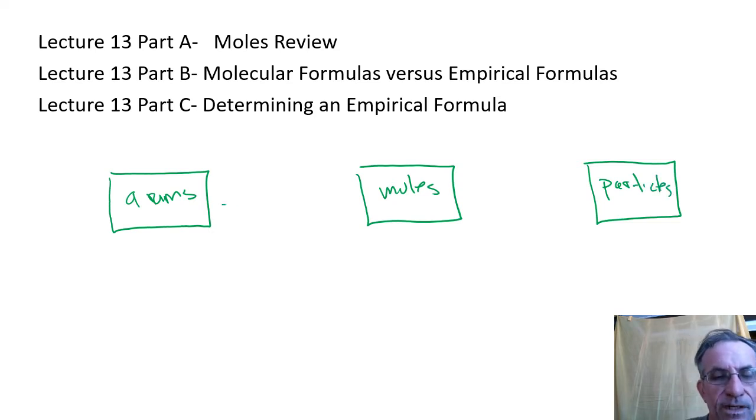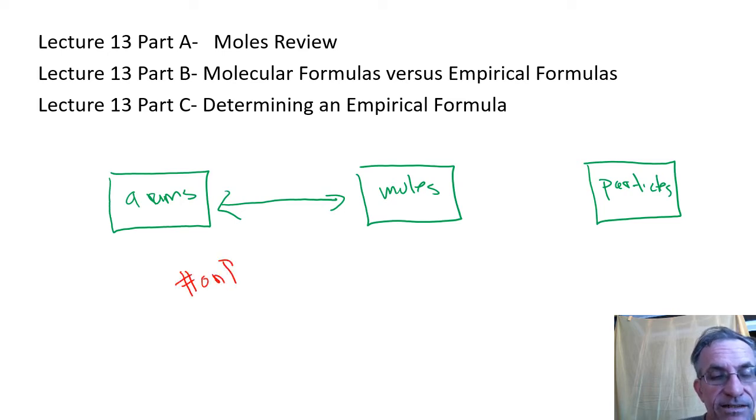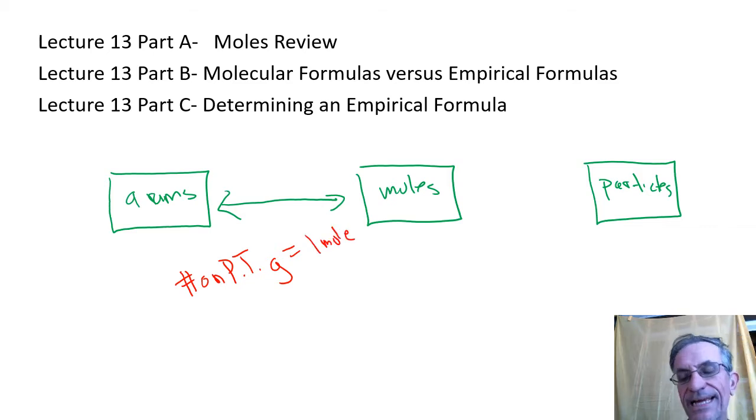Just to remind you, the way you go between grams and moles is you have to look up the number on the periodic table, or maybe if it's a compound, you need to add up the numbers on the periodic table. Whatever number you see on the periodic table, underneath the symbol, that always, I promise, is how many grams makes a mole.